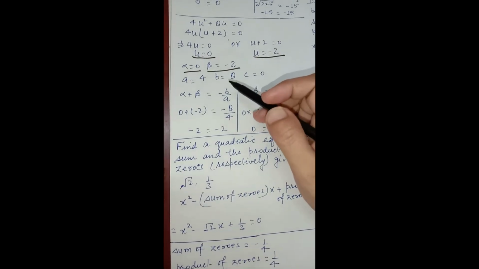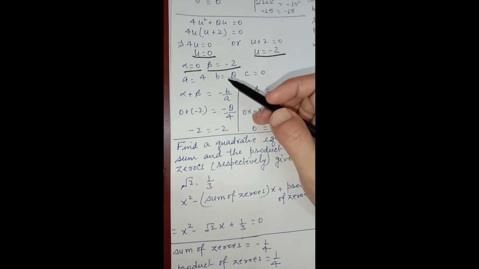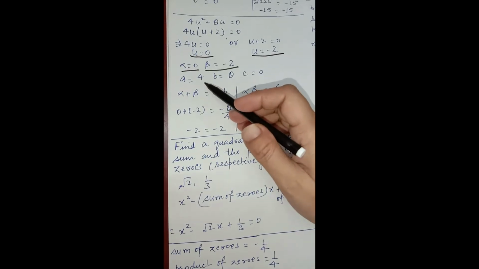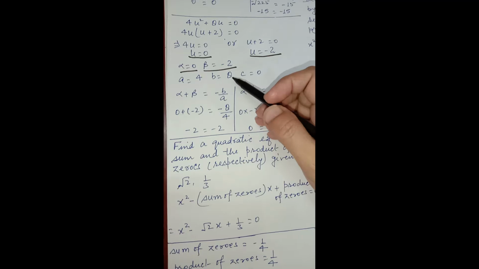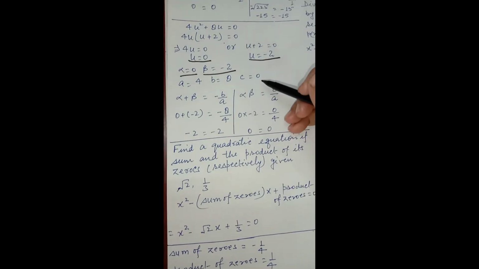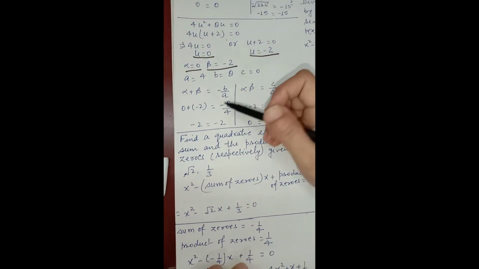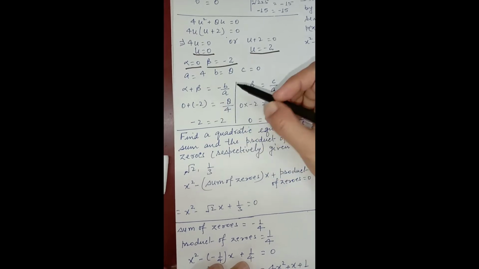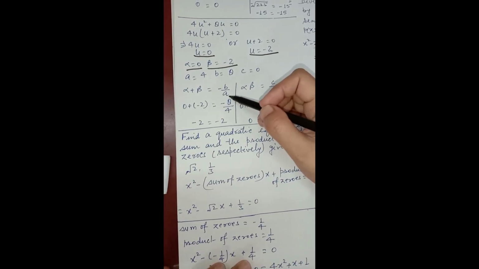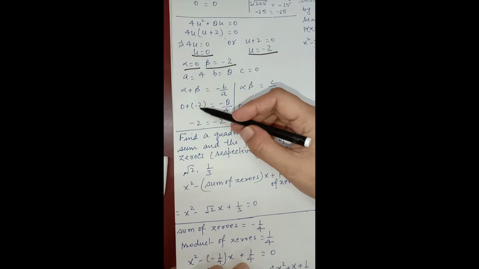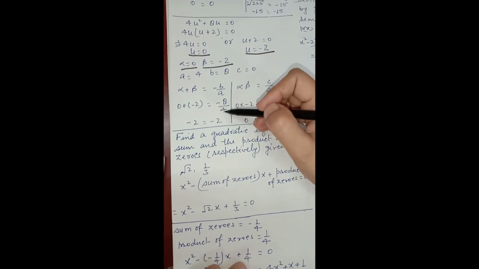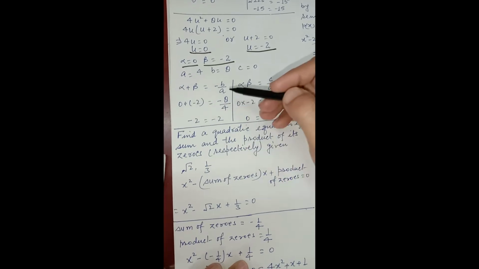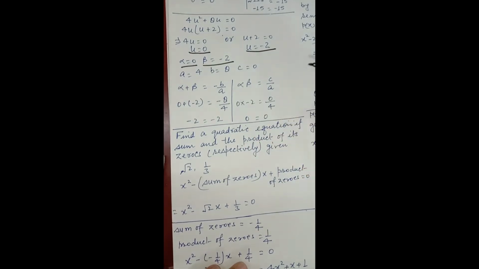Now the value of a, the coefficient of the square term, is 4. The value of b, the coefficient of the single variable, is 8. And there is no c term, that is c is 0. Now alpha plus beta, the sum of the zeros, equals minus b upon a. So alpha 0, beta minus 2 equals minus 8 upon 4. On the left side we get minus 2 and on the right side we also get minus 2.